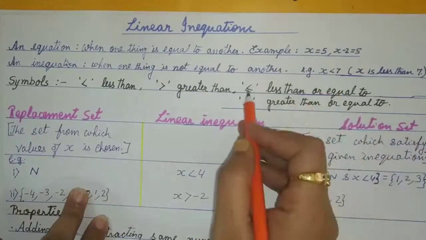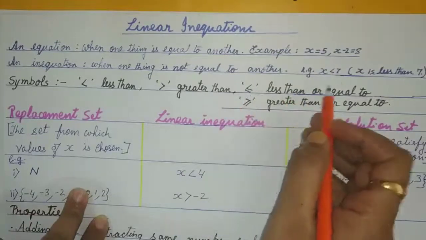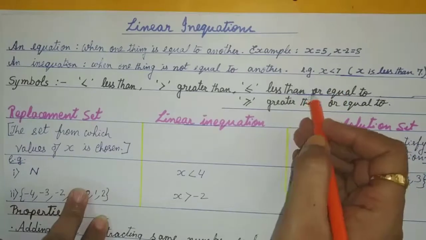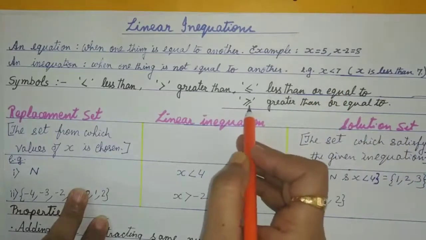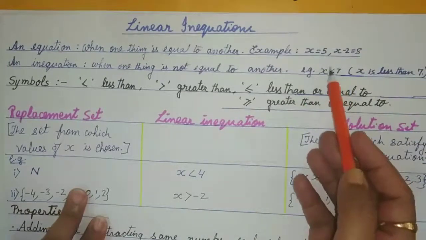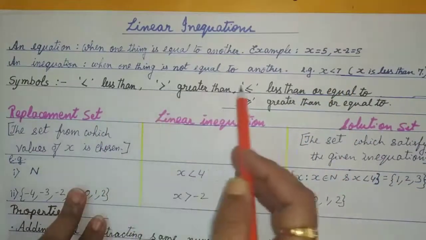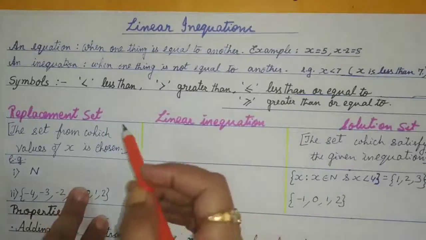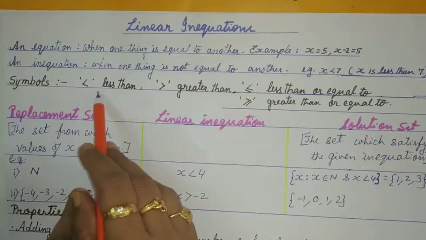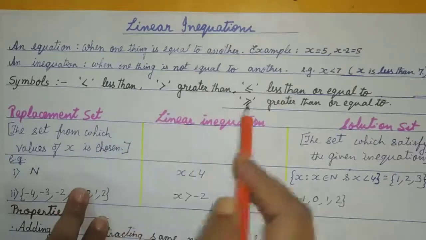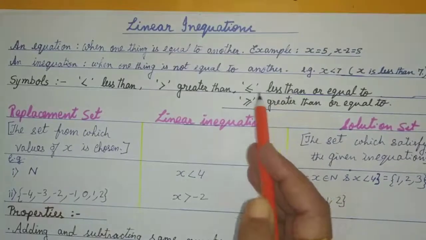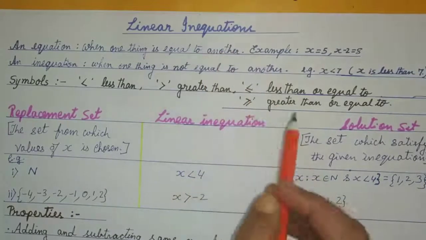It could have been less than or equal to, so any value which is equal to 7 as well as less than 7. Or it can be greater than or equal to, that means the value can be equal to 7 or greater than 7. So these are the 4 different signs of inequations. I'll repeat: less than, greater than, less than or equal to, greater than or equal to are the 4 inequation signs.